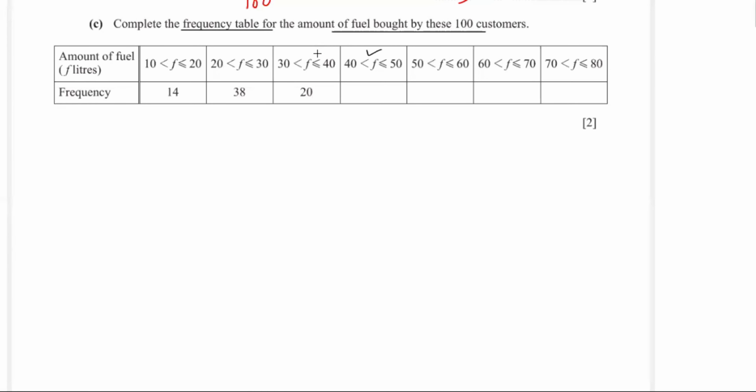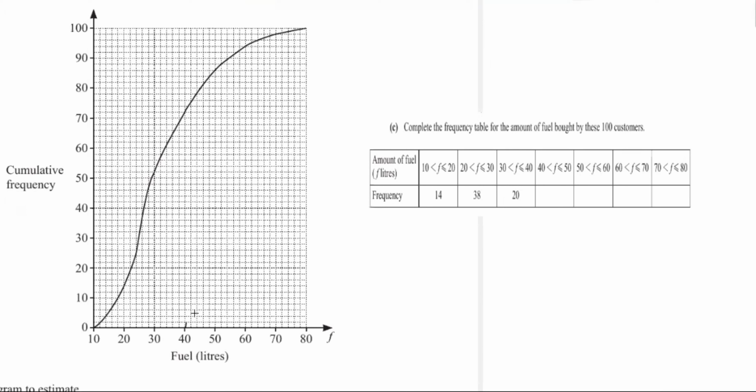Part C, complete the frequency table for the amount of fuel bought by these 100 customers. Now we have to find the number of customers who bought 40 to 50 liters, and next 50 to 60, 60 to 70, 70 to 80. We can get these values from the graph. The number of customers who bought 40 to 50: firstly, we mark a line. This is the 40 liter line, and this line meets at this position the 72nd customer.